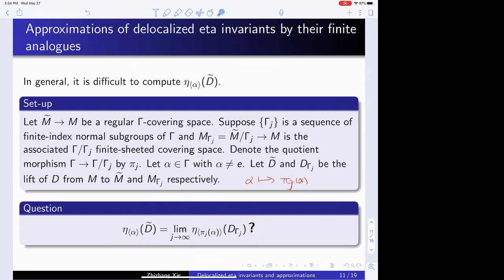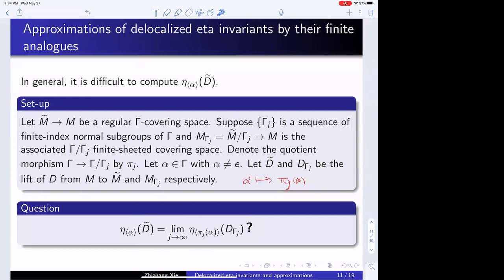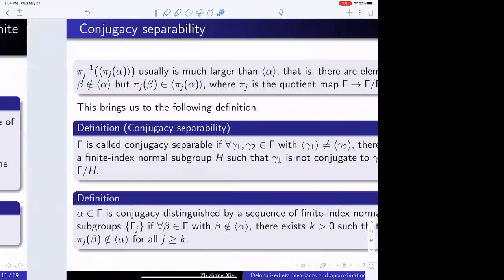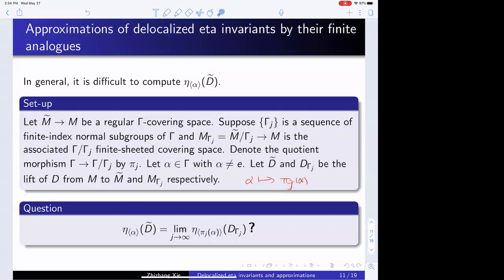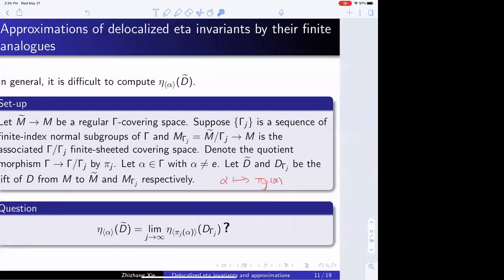First, there are some minimal requirements for this equality to hold.